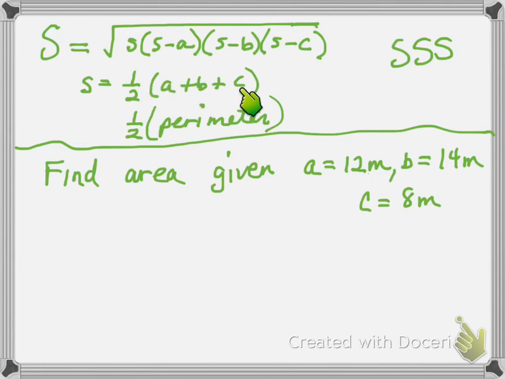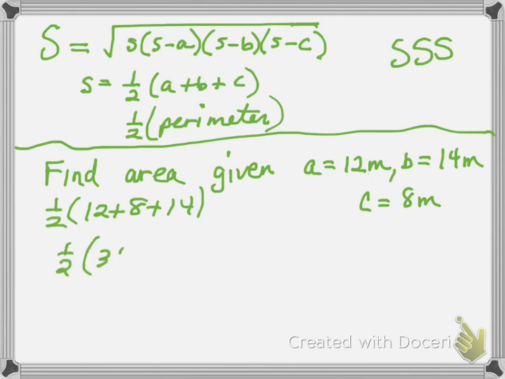So we would add up the 3 side lengths to get the perimeter, and then cut that in half. 12 plus 8 plus 14 is 34. So half of 34 is equal to 17, and that is your lowercase s.